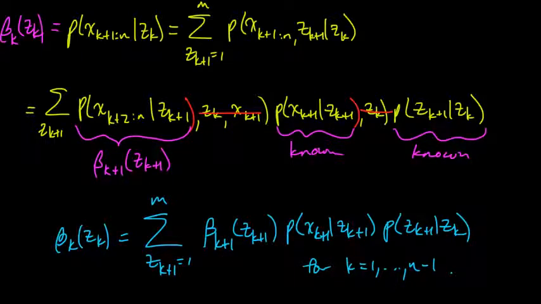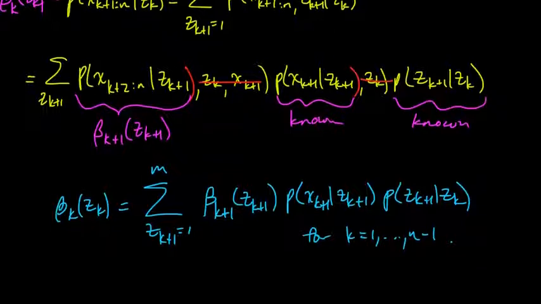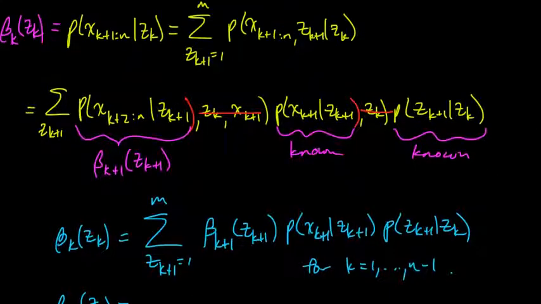So what is beta n of zn? It's not really defined here, because if we had n, then we would have xn plus 1 to n. And what is that?